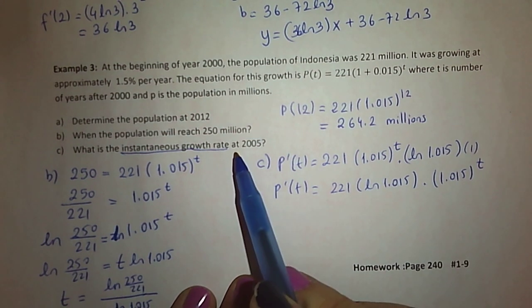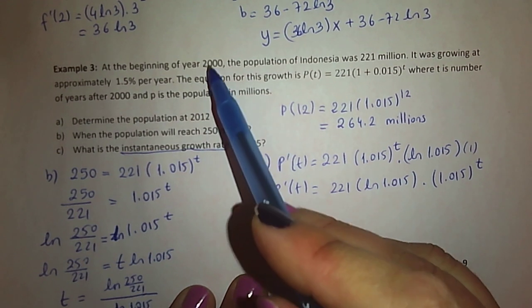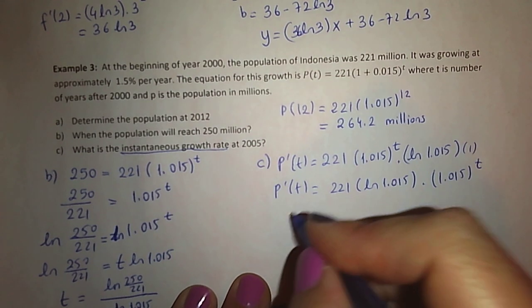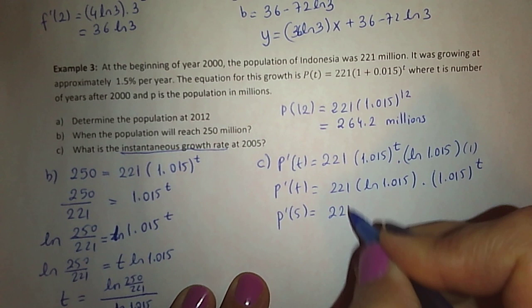If you want to look at the rate at 2005, we need to take the difference between 2000 and 2005. Looks like 5 years passed, so we are going to substitute 5 in the derivative function.